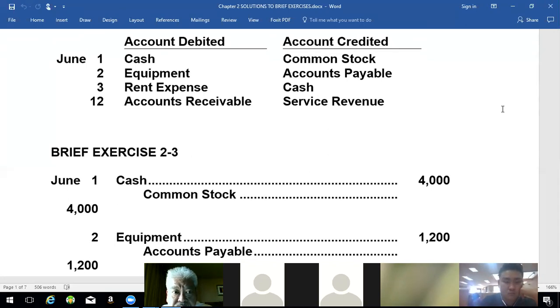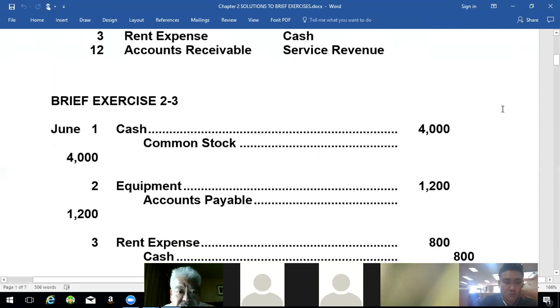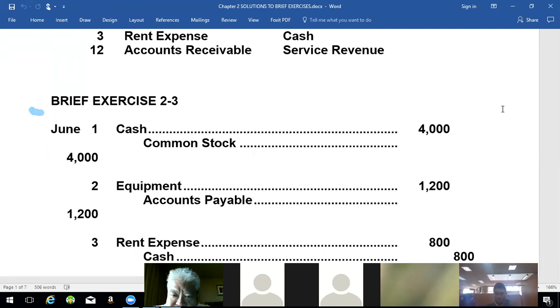And then we have equipment that is acquired because we need to get stuff to do stuff. So we spent $1,200 on the equipment. Again, look at what you got and what you gave up. Sorry, the margins, the formatting is not right.